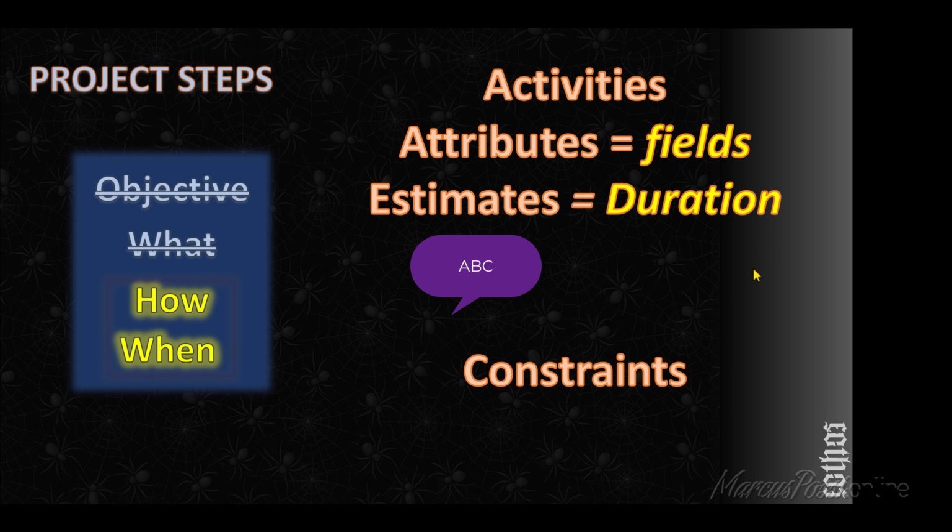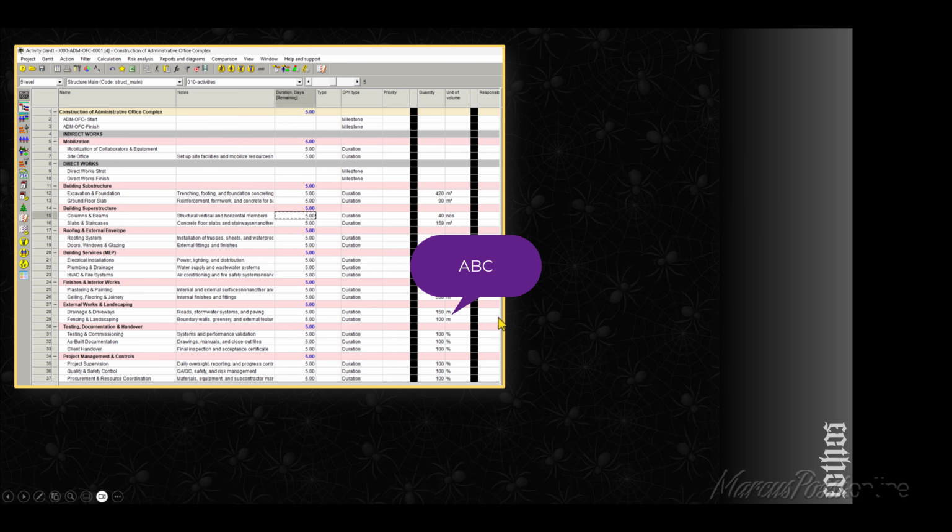We talked about activities and their attributes. We estimated some target duration, but instead of saying how we do our projects, what we have to do and how we do it, we start to understand when it will be finished, when it will be accomplished, because we are going to fix and model our constraints.